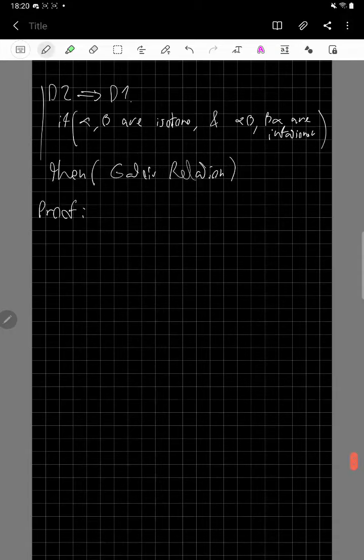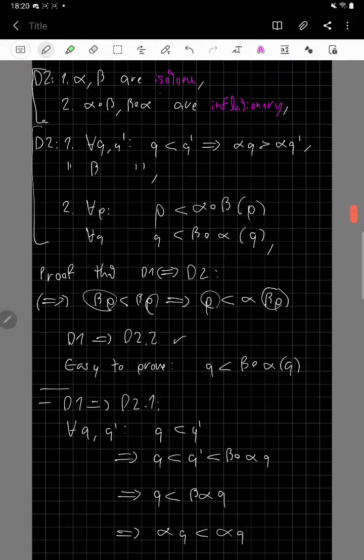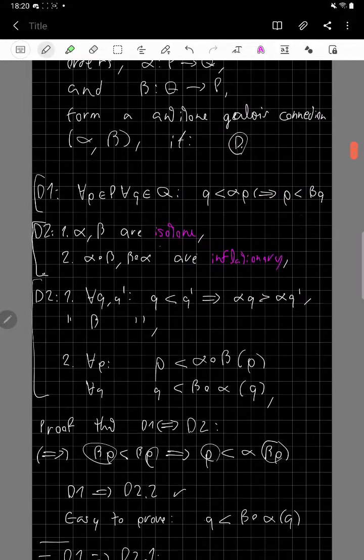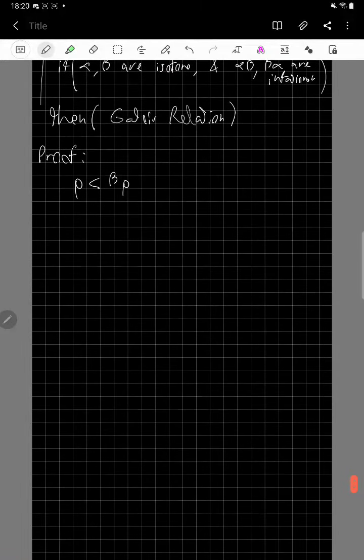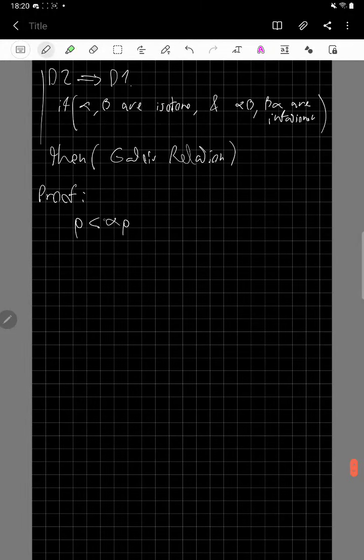Should be easy, right? Let's think. Okay, let's say that P again. P is smaller than beta P, right? Is it beta or alpha? Let's check. There we are. It's alpha P. Sorry, Q is smaller than alpha P. Then what can we do?